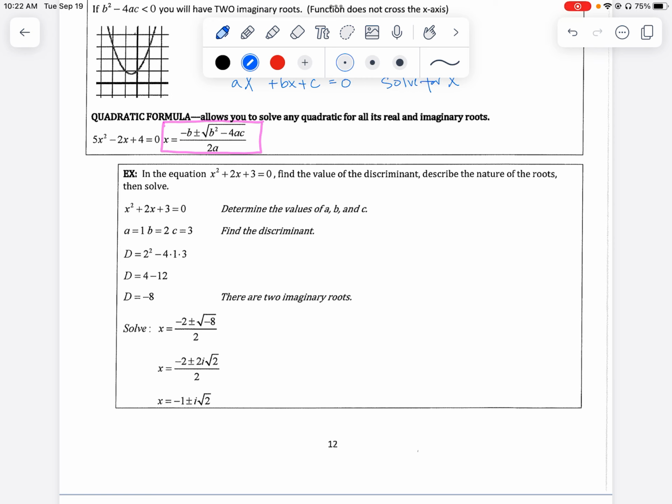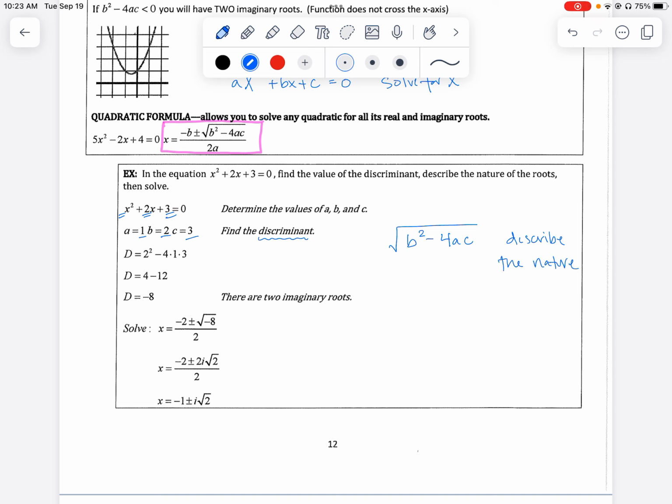The first thing I have to do is determine the values for a, b, and c. In this case, a is 1, b is 2, and c is 3. I'm going to find the discriminant, which is this part, b squared minus 4ac. This is going to describe the nature of the roots.